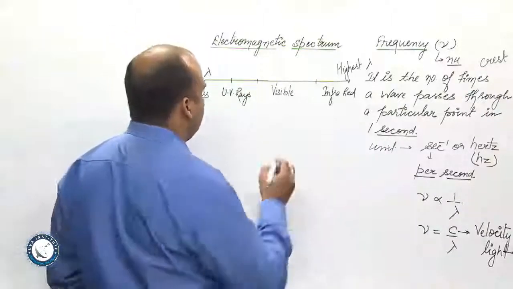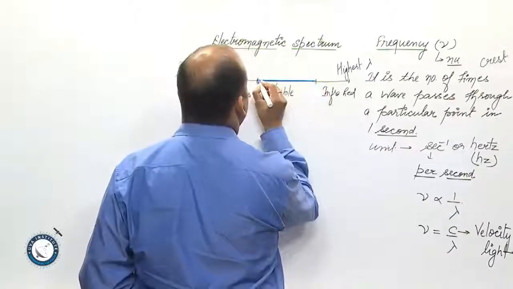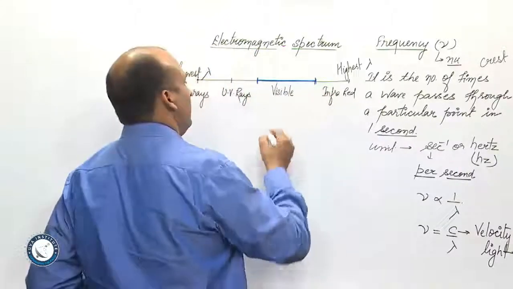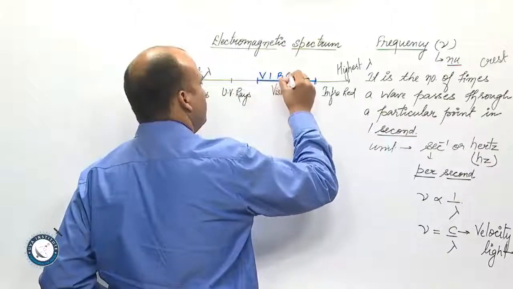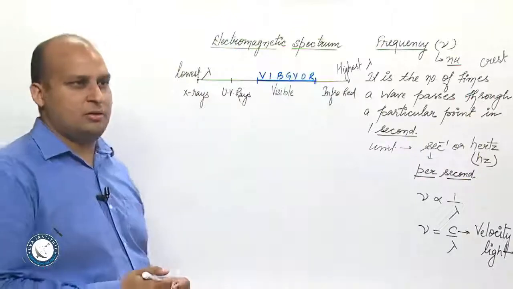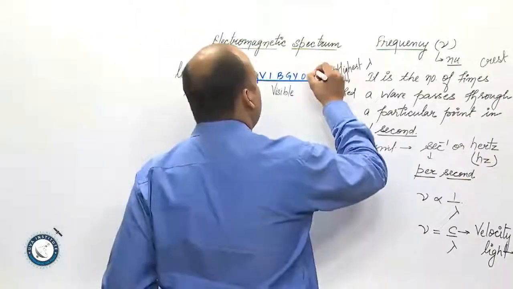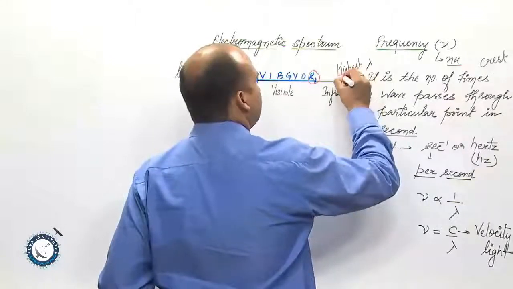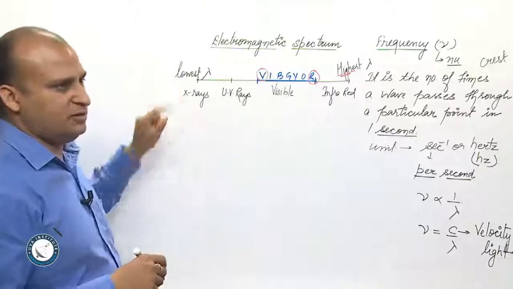So this is the visible section, and here we talk like this: VIBGYOR, VIBGYOR. Okay. So now what does it mean? That this red has got highest wavelength and V has got lowest wavelength.